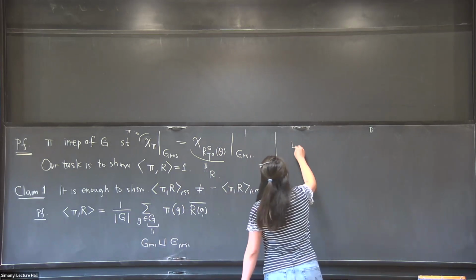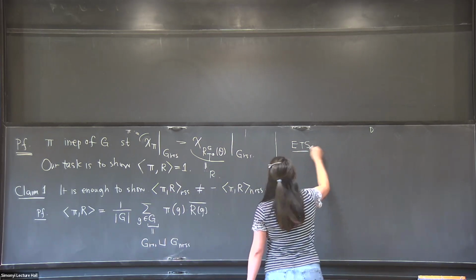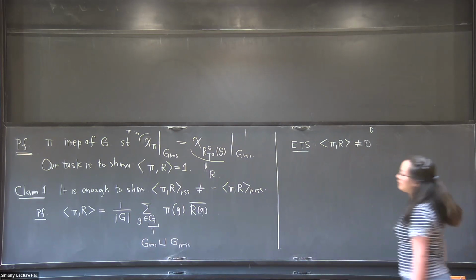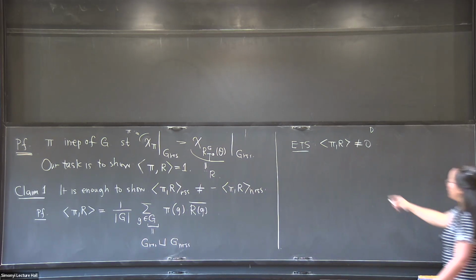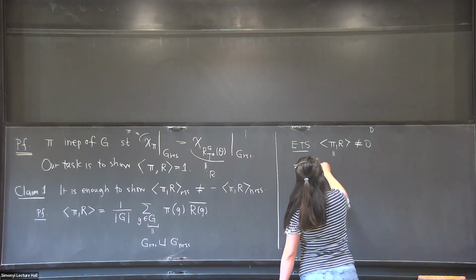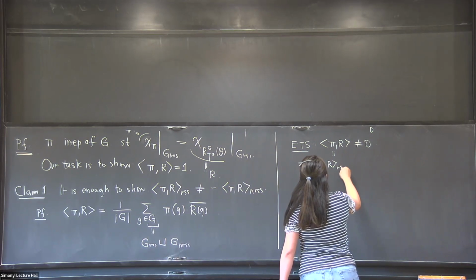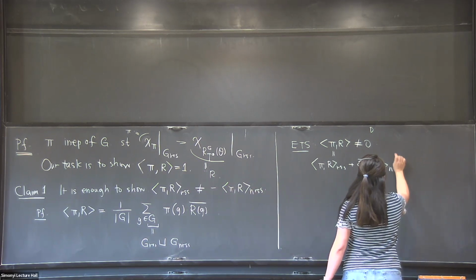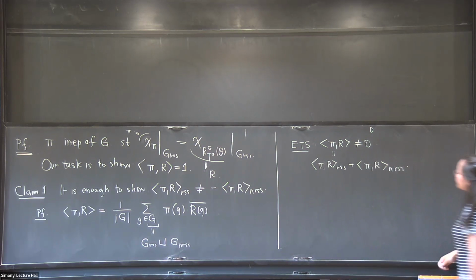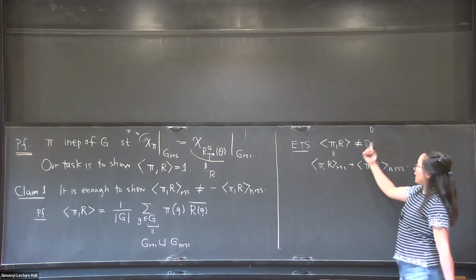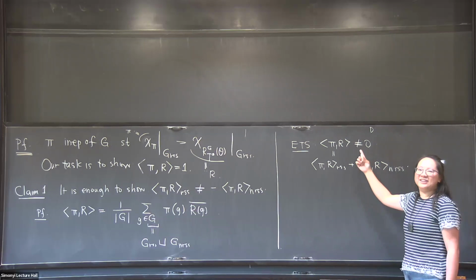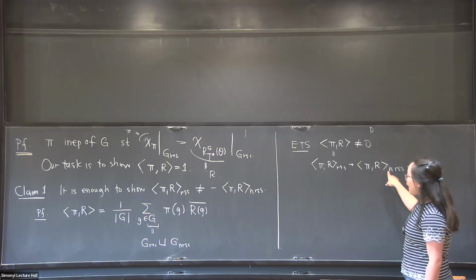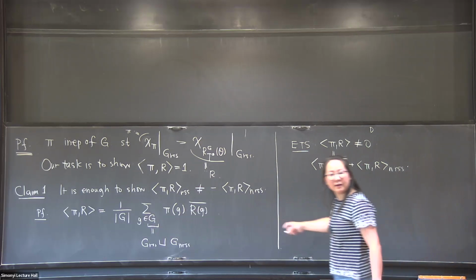So it's enough to show that pi r is not 0. But this thing, of course, is the same as pi r on the regular semi-simple part plus pi r on the not regular semi-simple part. And you move it over to the other side of this inequality, and you get this statement.